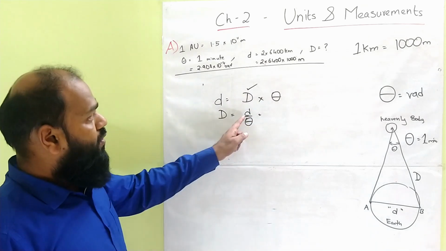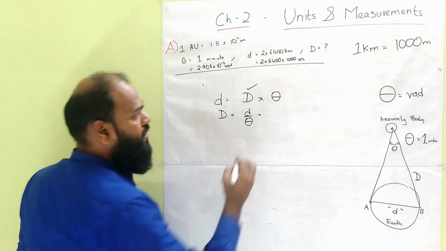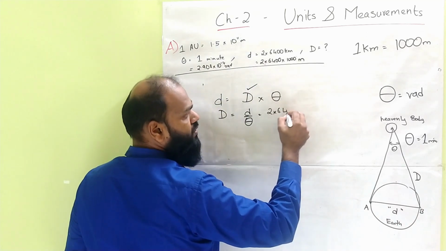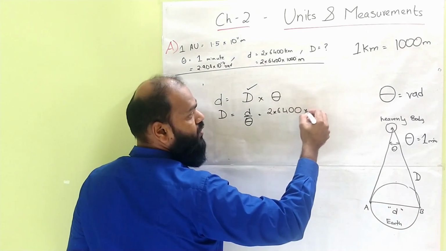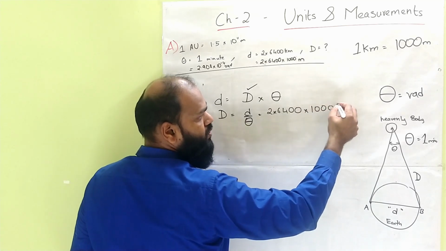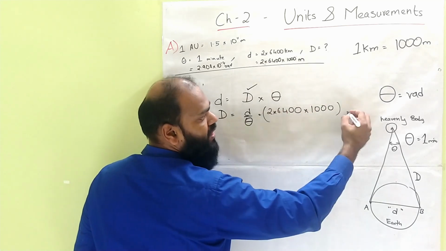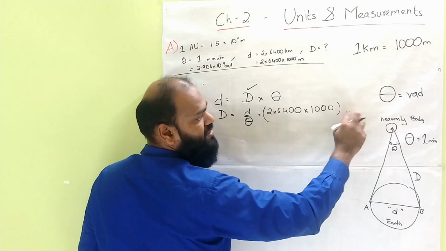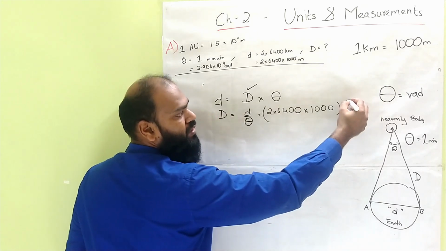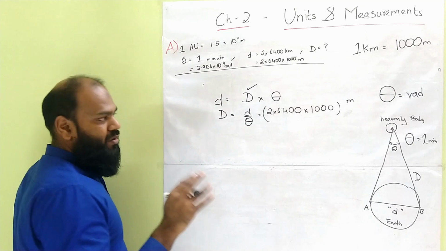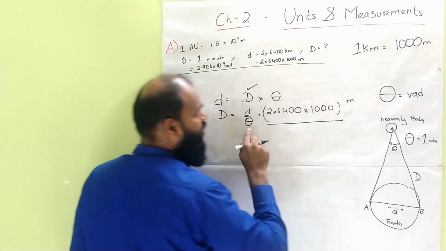What is d? We know it is 2 into 6400 into 1000. So this whole term has been converted to meters. I'm writing a small m on top just to remind you that the whole thing is in meters. Divided by theta.